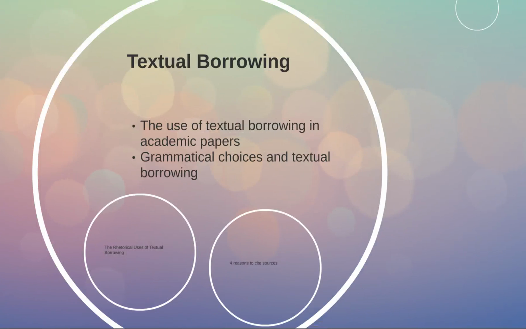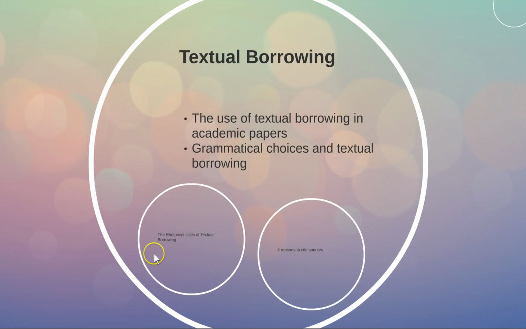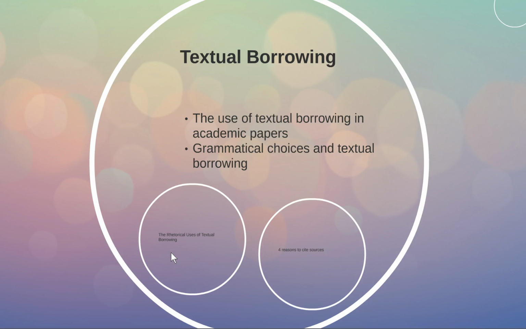And we'll look at two things. One is what we call the rhetoric of uses of source textual borrowing. That's the reasons why you use textual borrowing. And 4 reasons, there may be more than 4, why you would use textual borrowing in your paper.